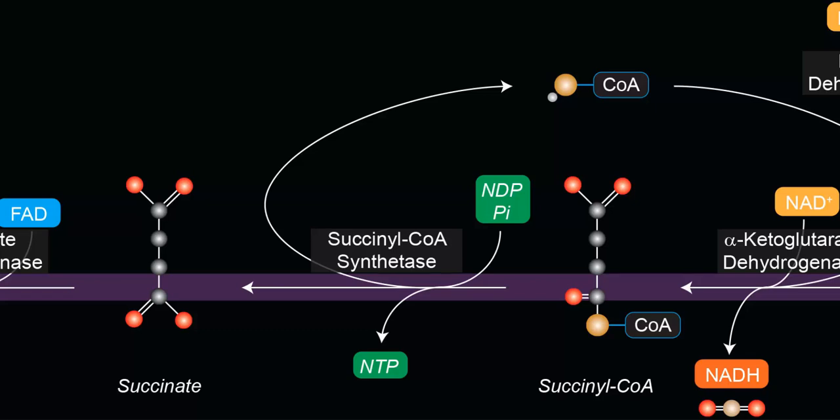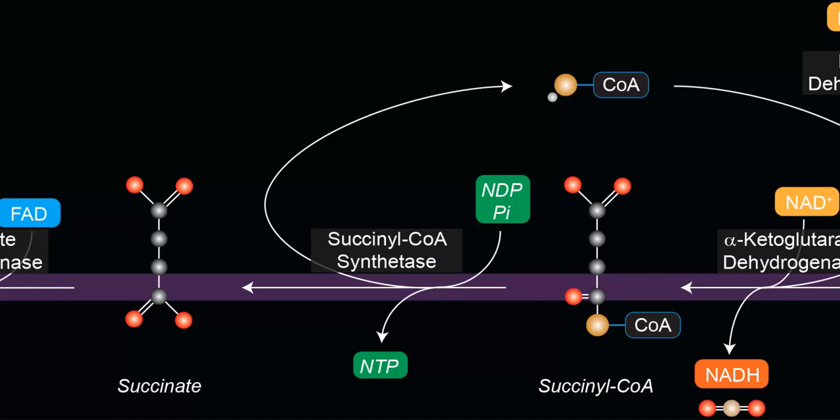In the image here, we just show the production of an NTP because it can either be ATP or GTP depending upon what tissue you're in. And the chemical energy that drives that is the hydrolysis of succinyl-CoA becoming succinate and CoA.